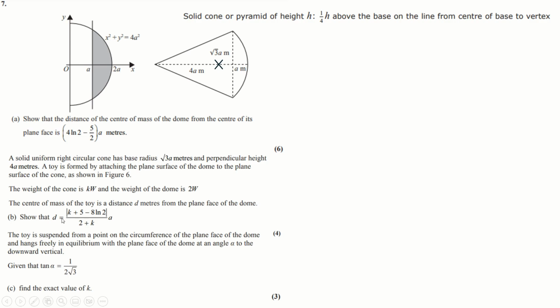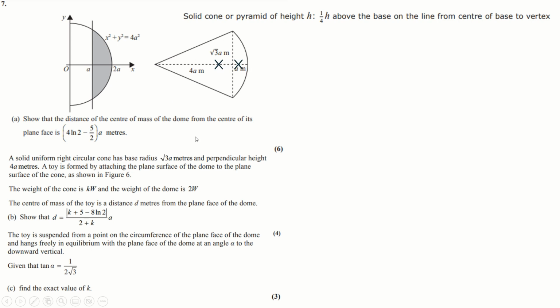Now it says find the d, and d is the kind of combined center of mass of the entire toy. So of course I've got a center of mass this far, and now this little distance here is this number into the dome. And of course I need to balance these out and get my overall center of mass somewhere in the middle of them.